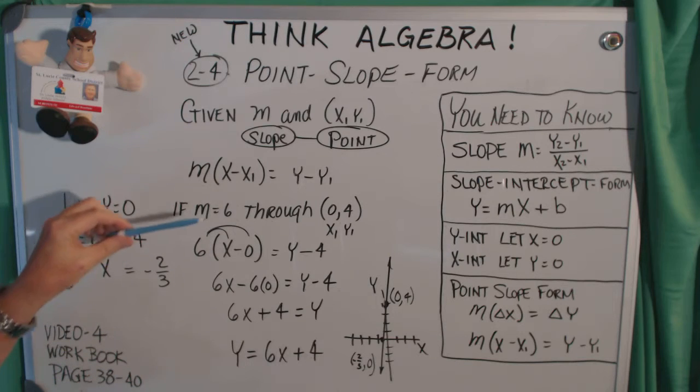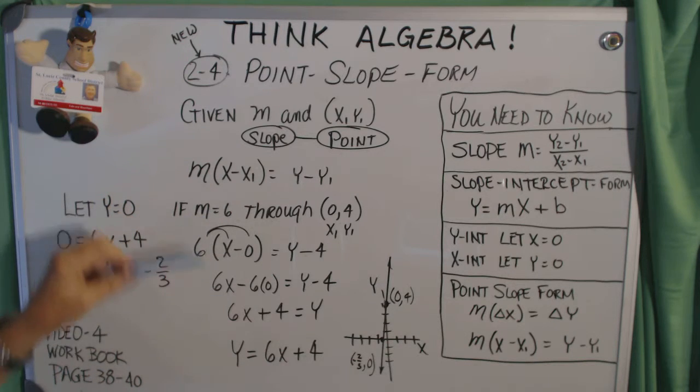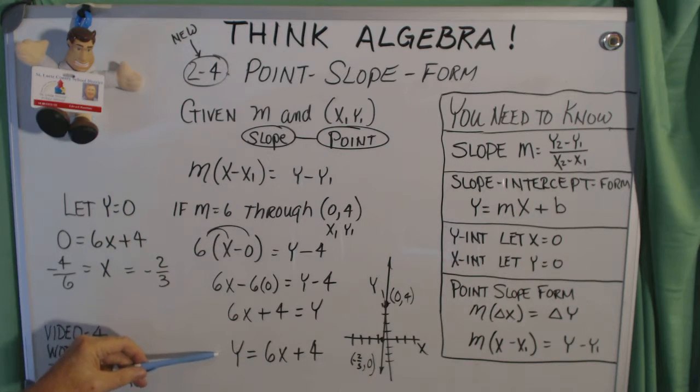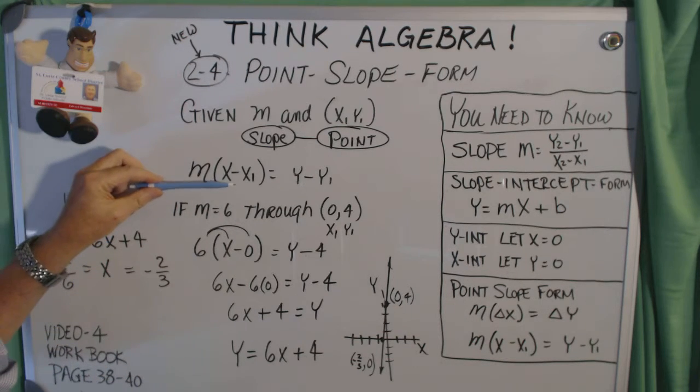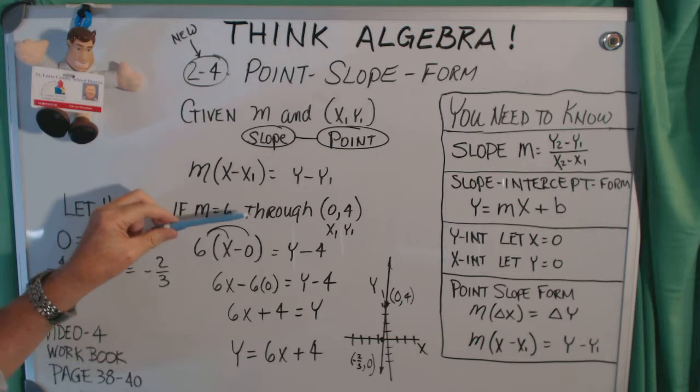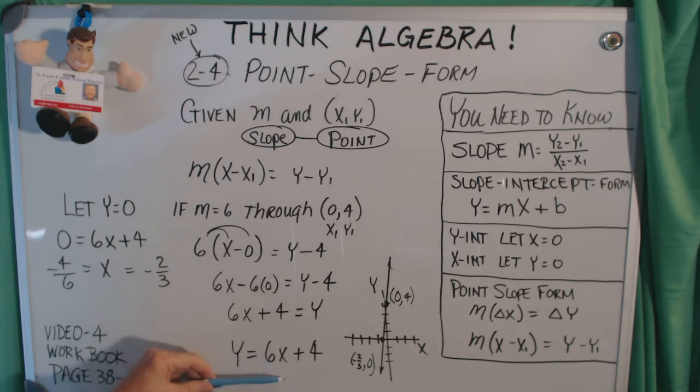So I'm just going to solve this and create my slope intercept form. So I go from my slope point form and I put the calculations in and I end up with my slope intercept form. Now everything should end up as a slope intercept form because you can visualize where things are.